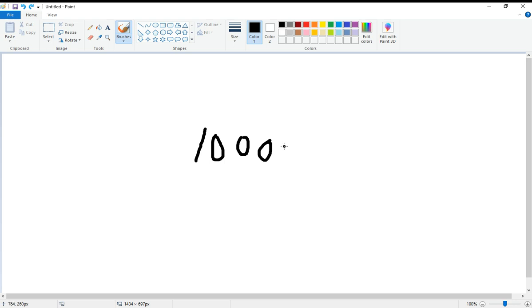If we multiplied 100,000 by 10, we would add another 0, and then we get a million. If we did a million times 10, we would get 10 million. So you see, you just keep adding a 0 to the end.